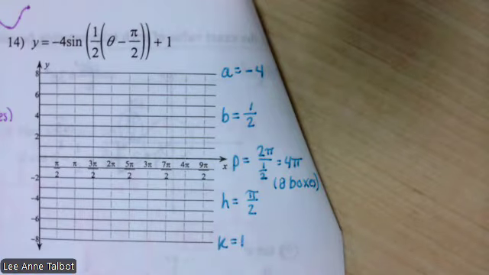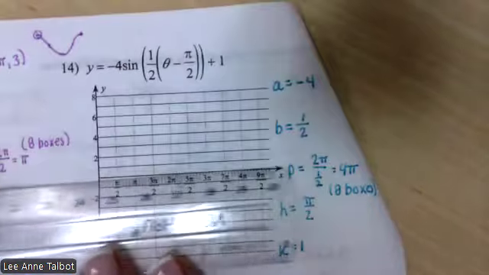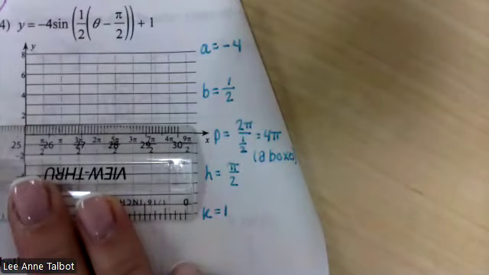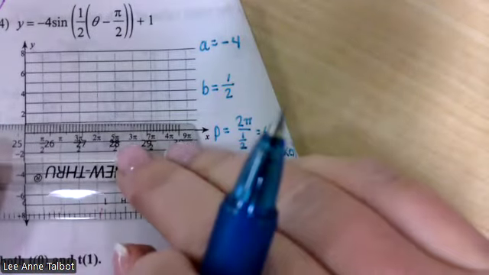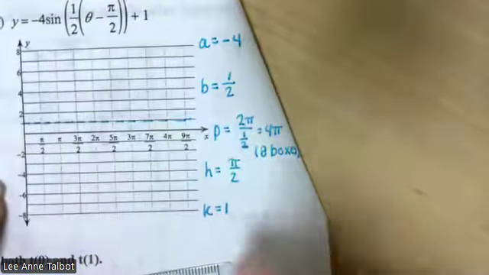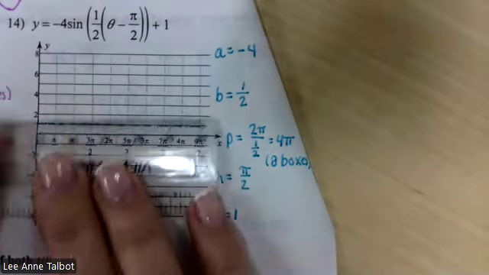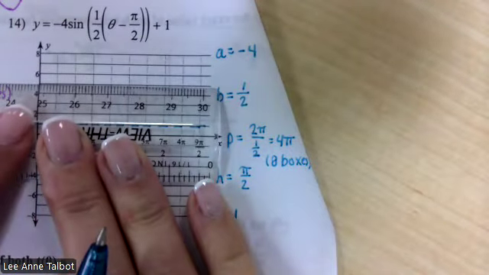Okay, so I'm going to go to positive 1 for the midline. And then amplitude is 4, so up 4 and down 4.